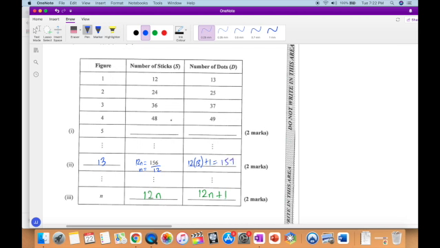Right? And you notice I really didn't notice that. Look at that. I did not notice this. And if I had noticed that all of these numbers are just 1 more than that, I would have arrived at the 12n plus 1 a lot quicker. Right? Because I would have said, well, if this is 12n, this is looking like just 12n plus 1.